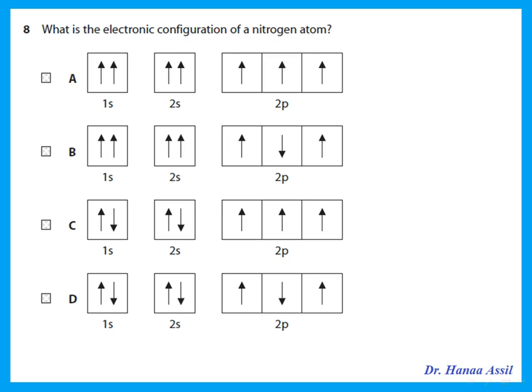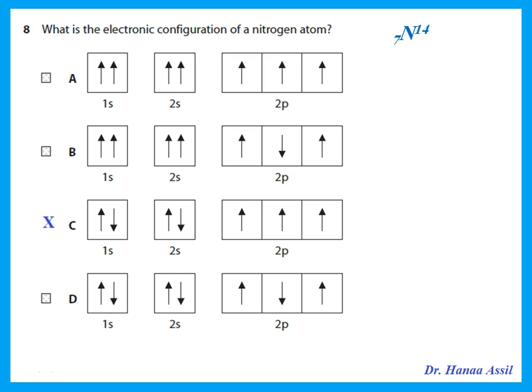Okay? What is the electronic configuration of a nitrogen atom? Okay, we look at the periodic table. Nitrogen has an atomic number of 7, so it has 7 electrons. Now, how are we going to distribute the 7 electrons? Remember that in the 1s, it is paired.